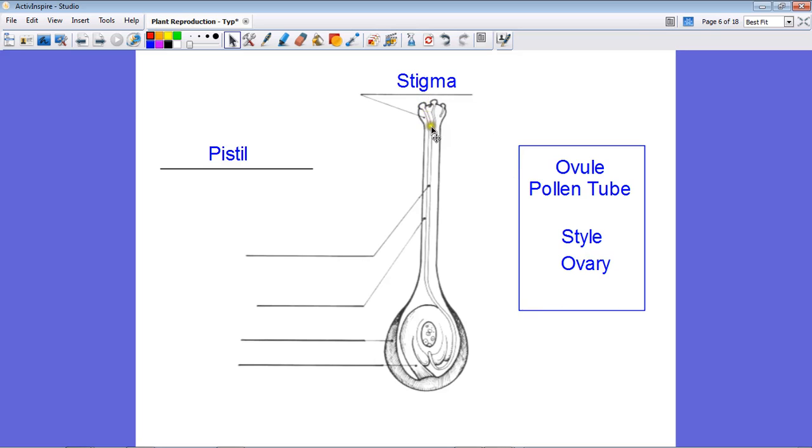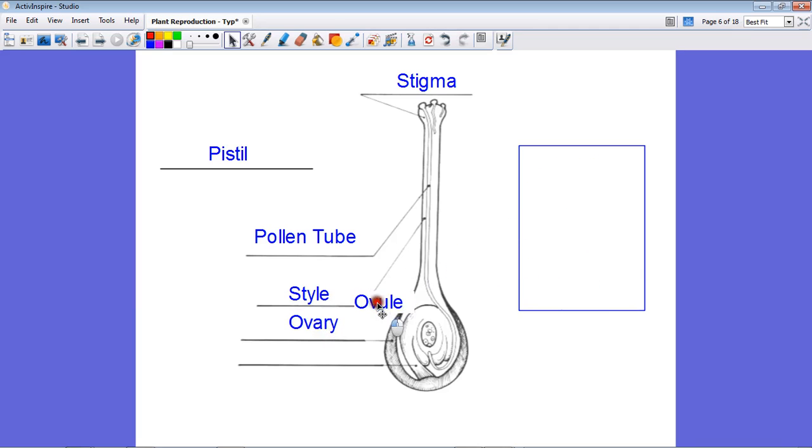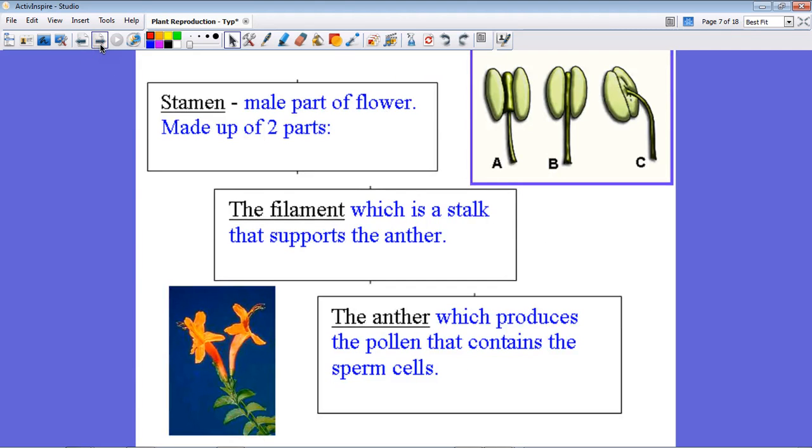Pollen is landing and forming this pollen tube right there. This long part is called the style. Then we have the ovary and the ovule. Okay, so this would be the ovary. There you go.